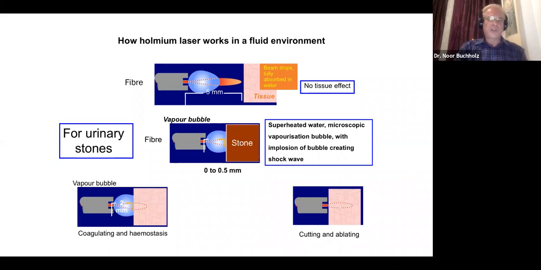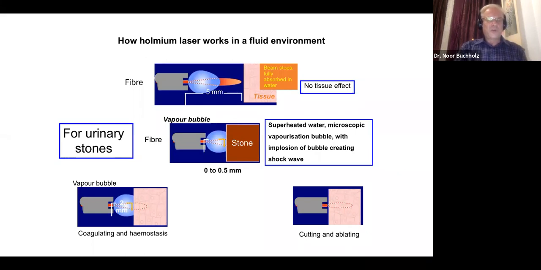Now for stones, that means you need to be close to the stone, between 0 to half a millimeter. You need to leave ideally a little bit of a gap, less than half a millimeter, because you want to create that bubble in the superheated water for the shockwave.